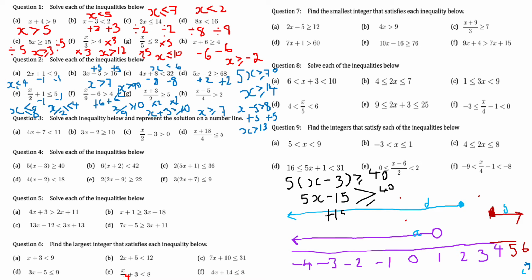Adding 15 to both sides, we're going to get 5x is greater than or equal to 55. Dividing both sides by 5, we get that x is greater than or equal to 11. Okay, so that's my answer for part A.